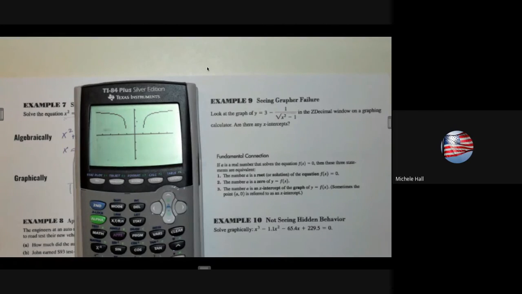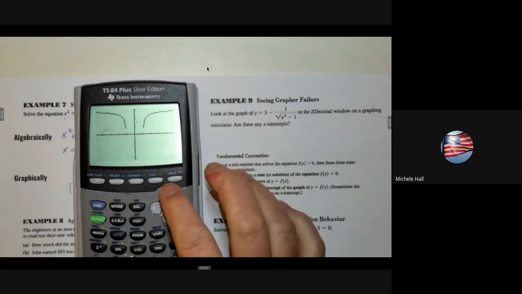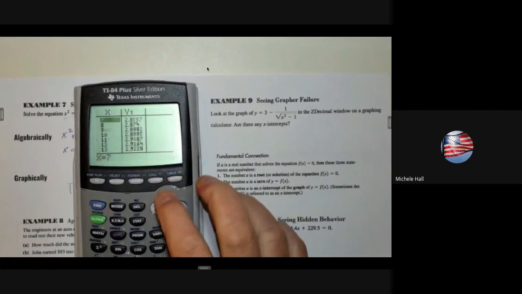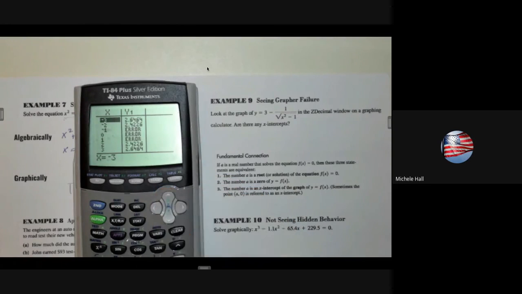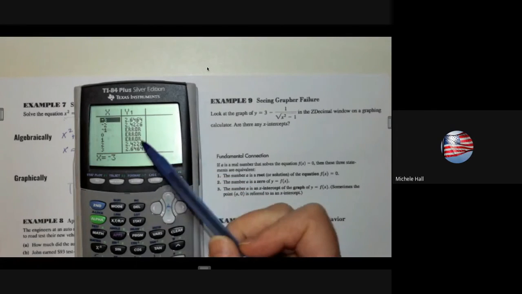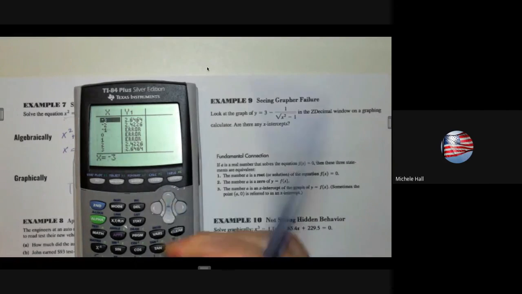Let's look and see what the table of values is doing. We're at 0.9, so we're closer to 1. Numbers are getting smaller, and then it's error, error, error. So there's an error between when x is 1 and x is -1.